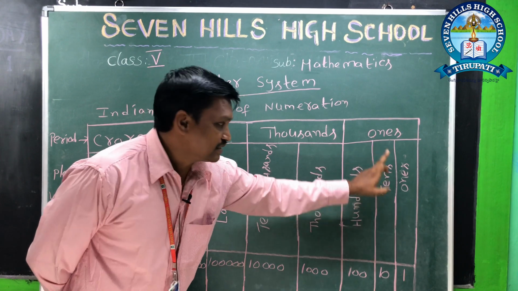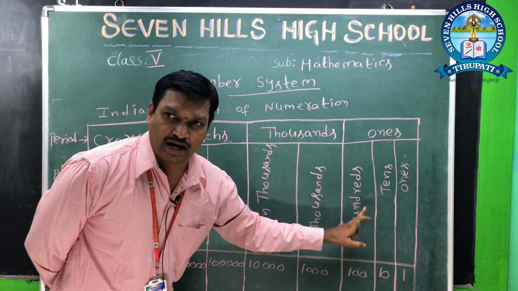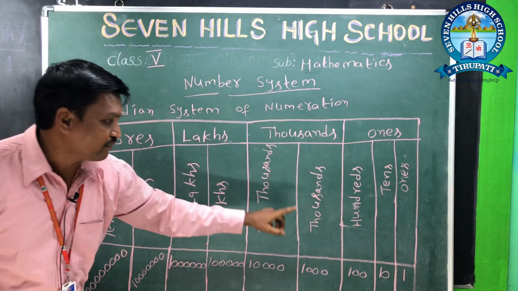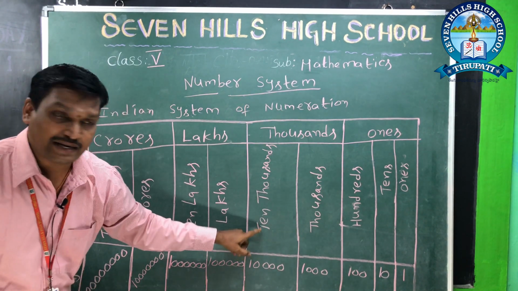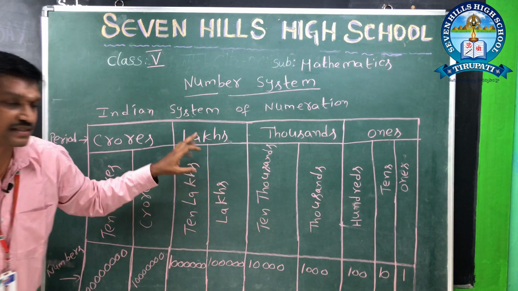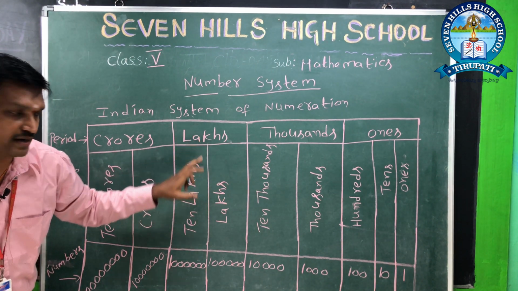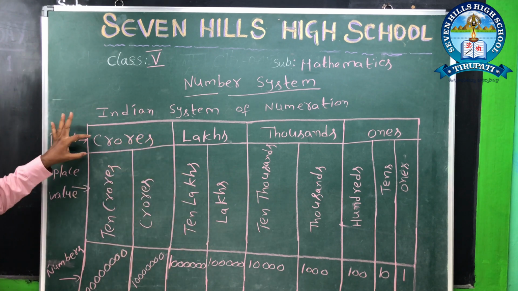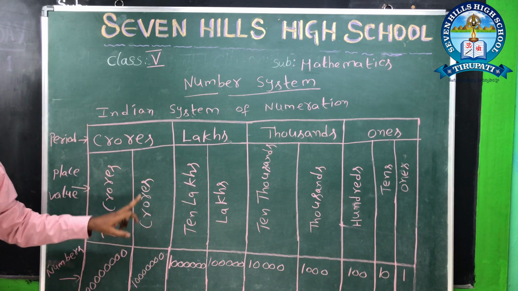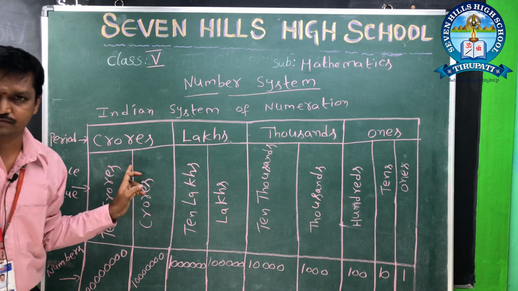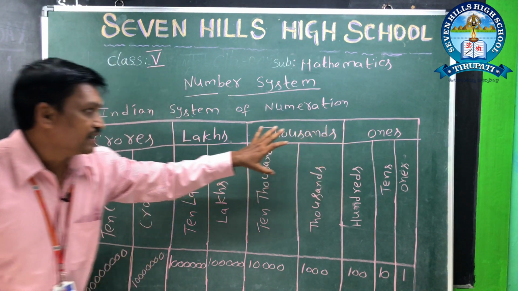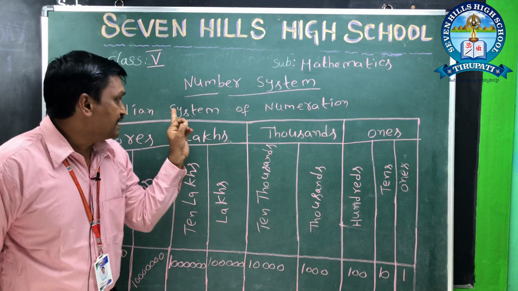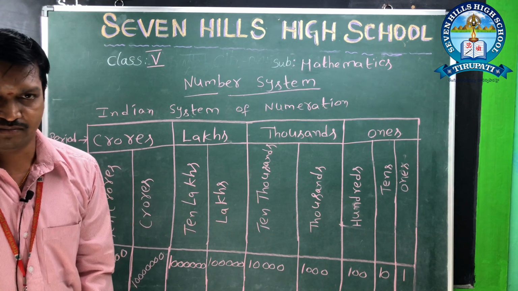In the thousands period we have thousands, 10,000s. In the lakhs period we have lakhs, 10 lakhs. In the crores period we have crores, 10 crores. This is the table of the Indian system of numeration.